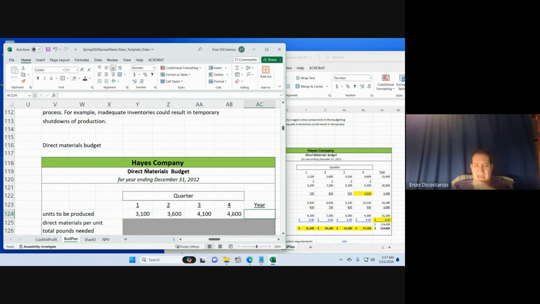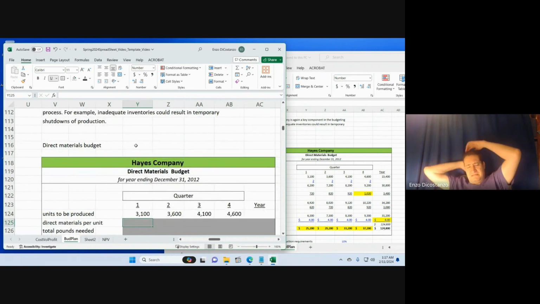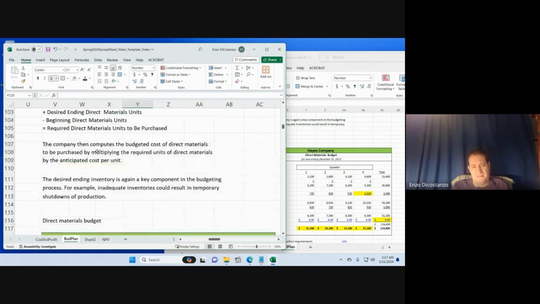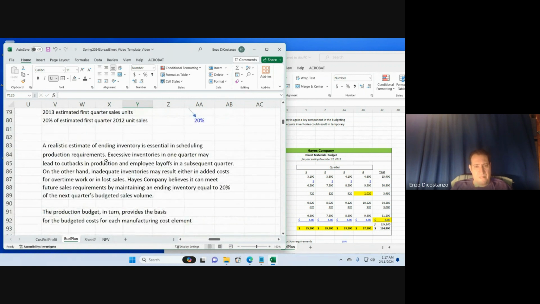And let's not worry about the annual numbers right now. The next piece of this, in other words, okay, fine. So let's say you need 2 pounds per unit of whatever this is, metal or whatever it might be.